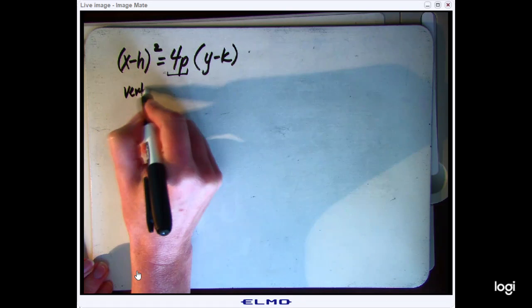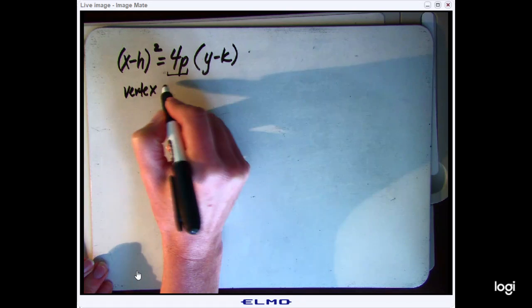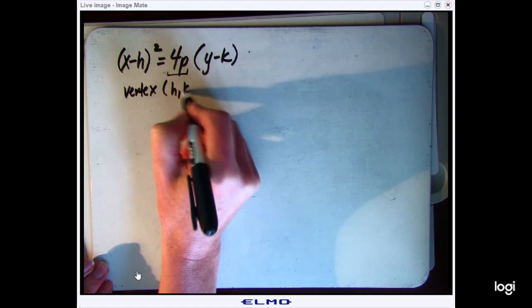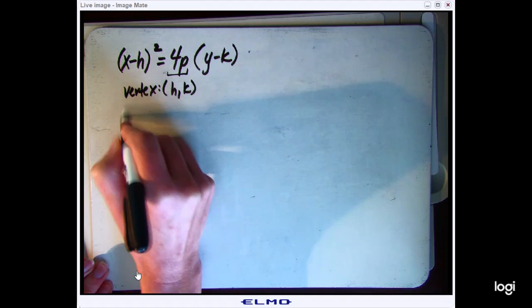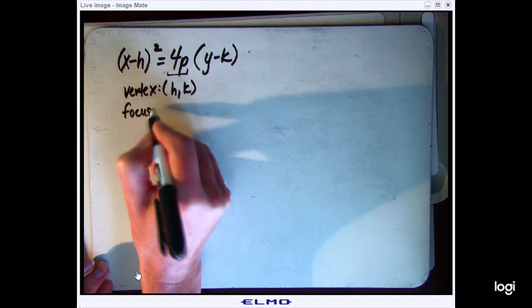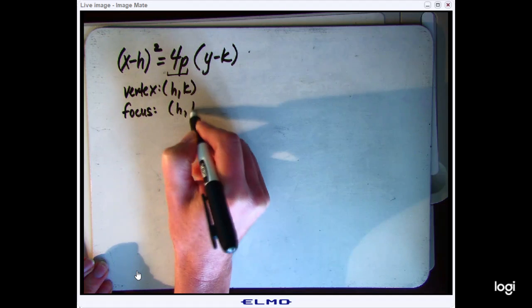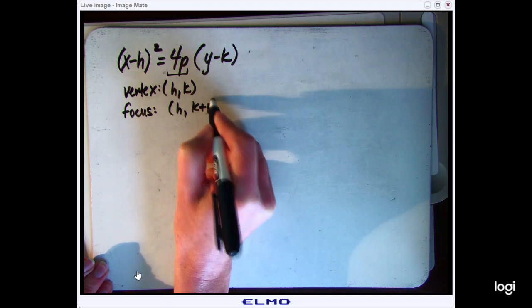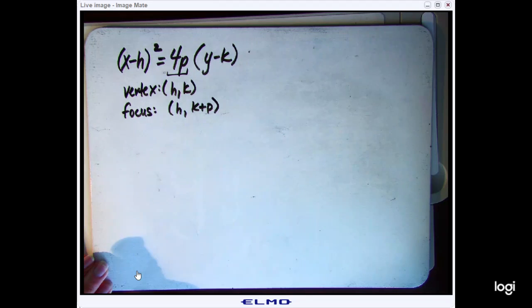Our vertex is (h, k). Your focus is at (h, k plus p), and we'll talk more about that, I promise.